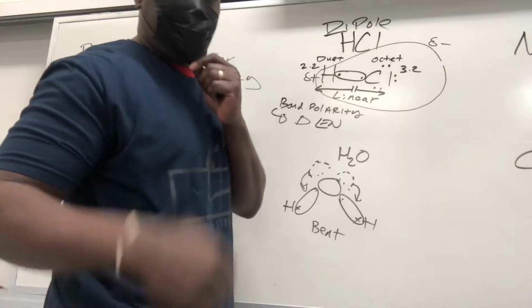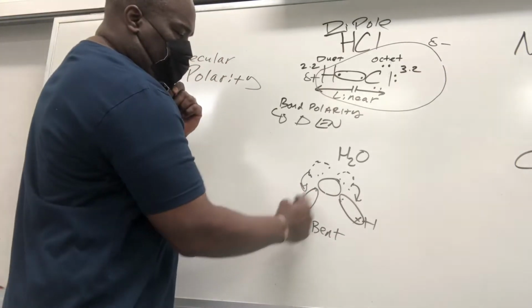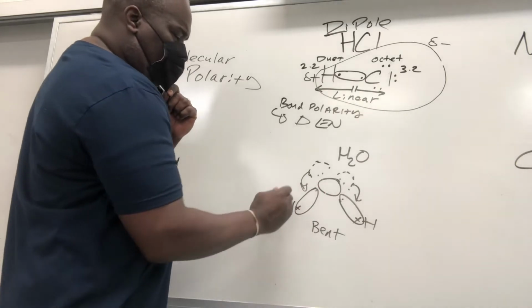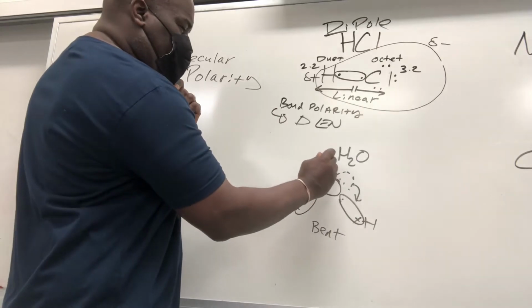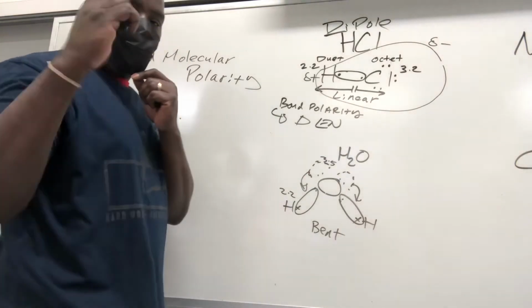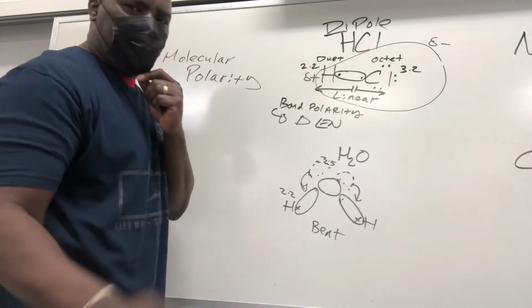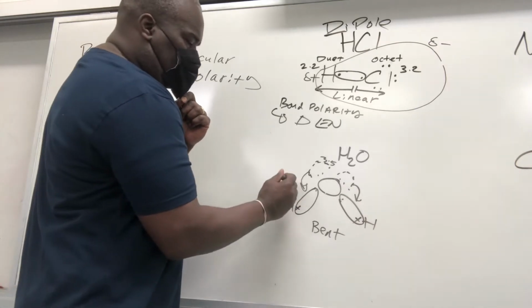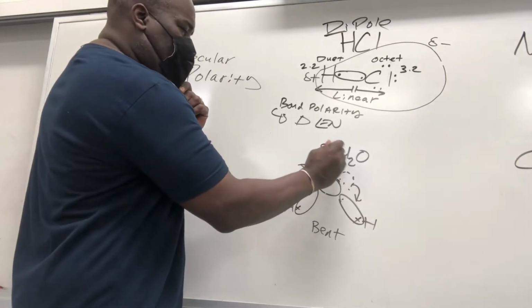All right. Now let's look at polarity of the bond. Just look at these two guys right here, hydrogen and oxygen. Hydrogen is 2.2, and oxygen is around 3.5, okay? Alrighty, so who's gonna win the tug of war? Oxygen, right? Because he has a higher electronegativity, a higher attraction for the electrons in the bond. So the pull is gonna go towards the oxygen, so he'll be partially negative.